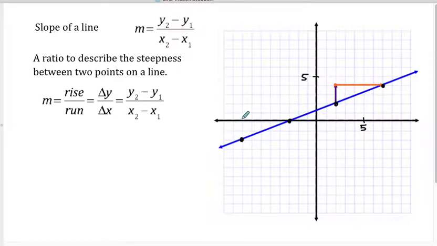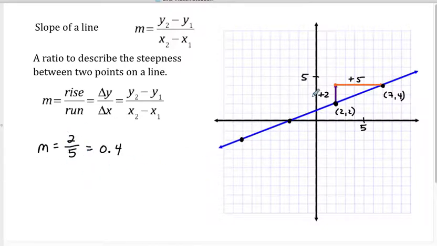So for this line here, we've got these points here, and we can see that in between two of these points, for example, here we've got (-2, 2) and (3, 4), this change goes up 2 values for every 5 values that we go over. In other words, our movement or our change is 2 for every 5 we have. And we could express that as a decimal if we wanted to, as 0.4, though I tend to like to leave them as fractions.